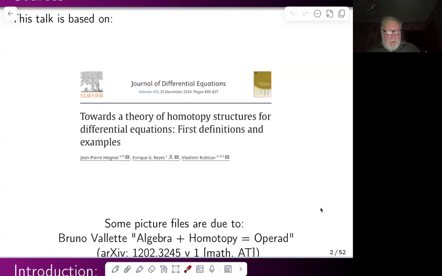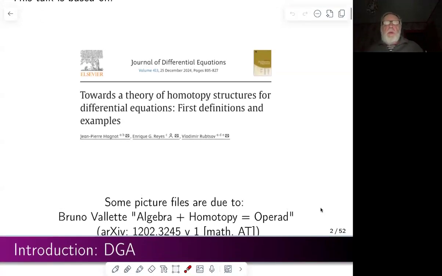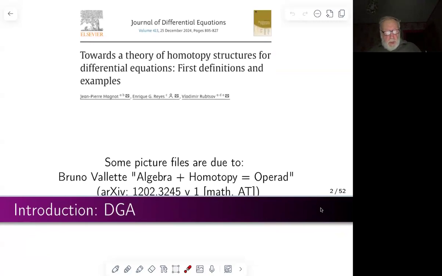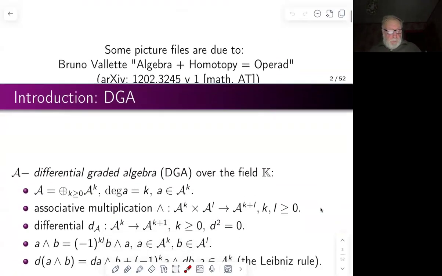also gave some examples and computations. So I will describe his results, and I also used with great pleasure some pictures which illustrate some notions from the very nice paper of Bruno Valette, Algebra plus Homotopy equals Operad. Just the arXiv version which I used to take pictures.